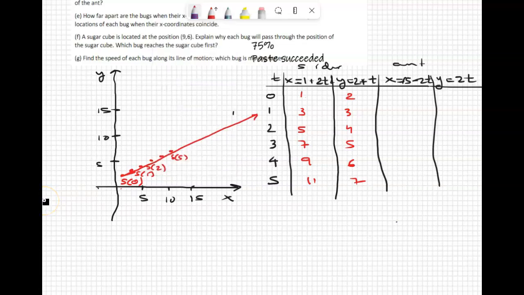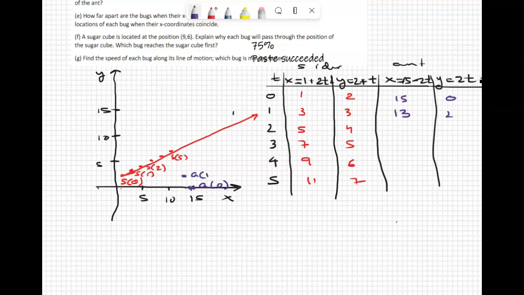So the ant, if I plug in t equals 0 for the x and y equations, I get 15 and 0, as we were told. So it starts right here. This is A at 0. When time is 1, when we have 15 minus 2, we get 13. And this is 2. So we have 13 and 2.